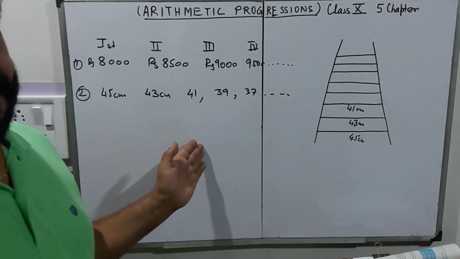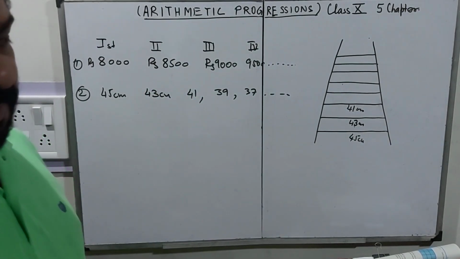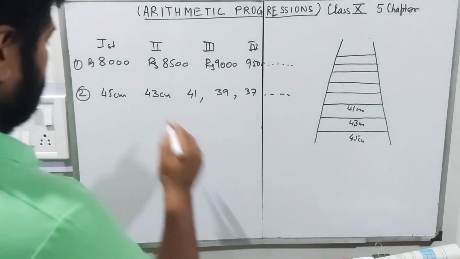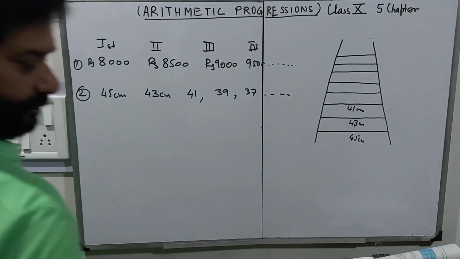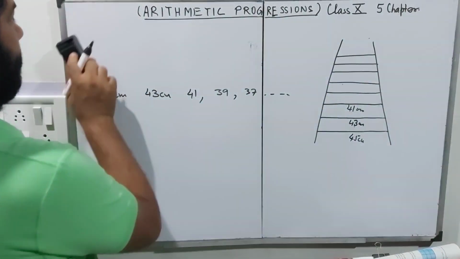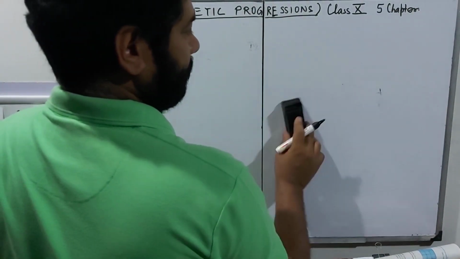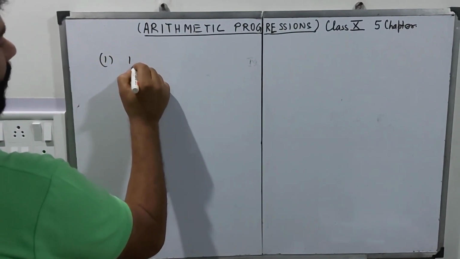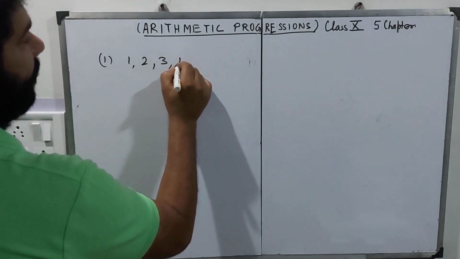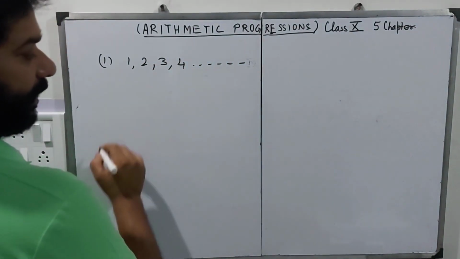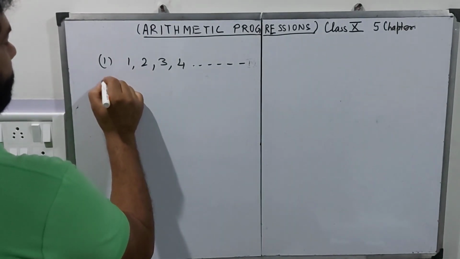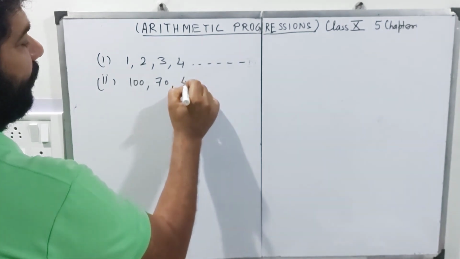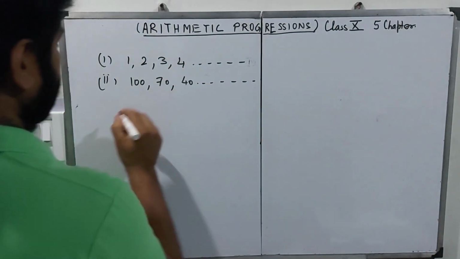Observe these two cases. Now we write some lists of numbers. The first one: 1, 2, 3, 4, and so on. Second: 100, 70, 40, and so on.